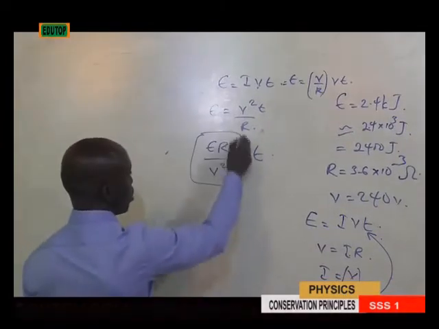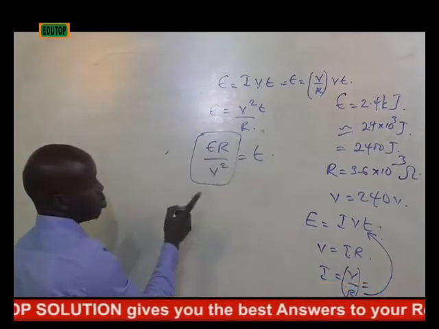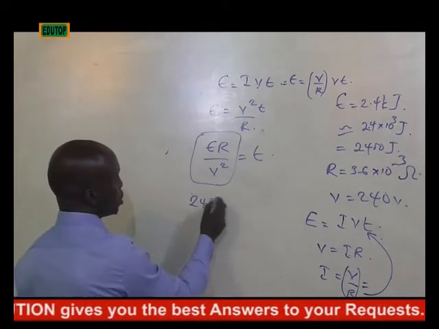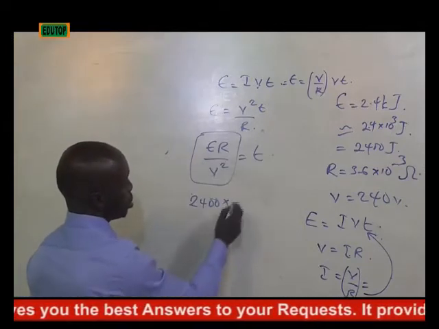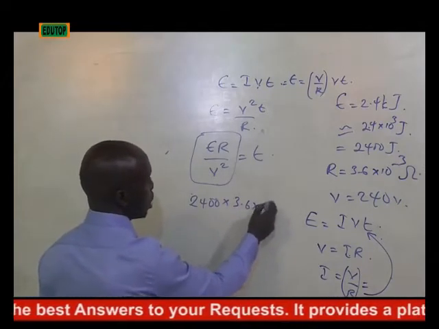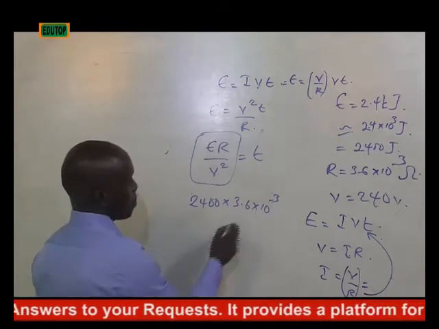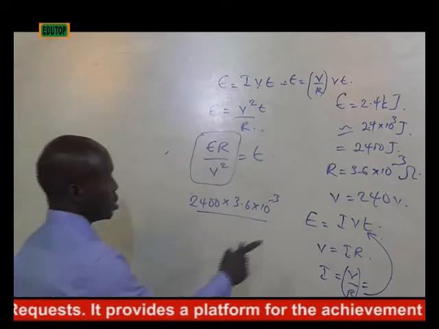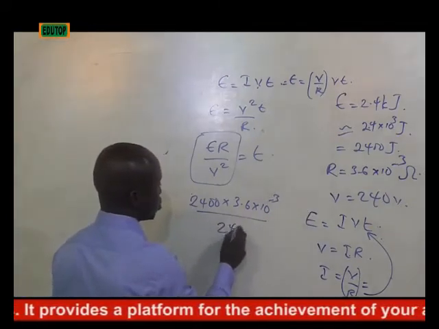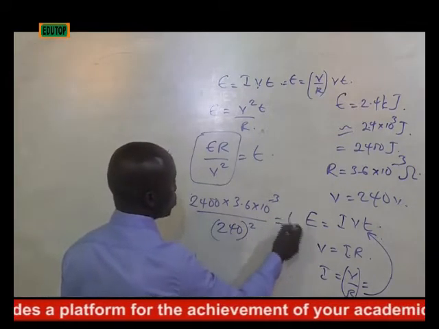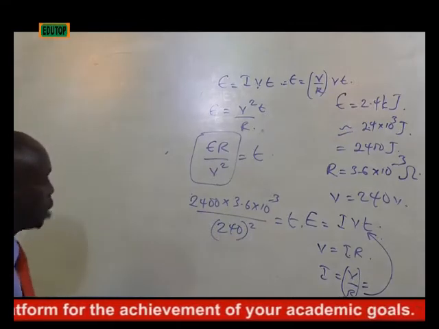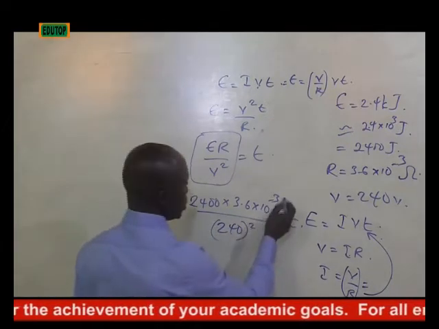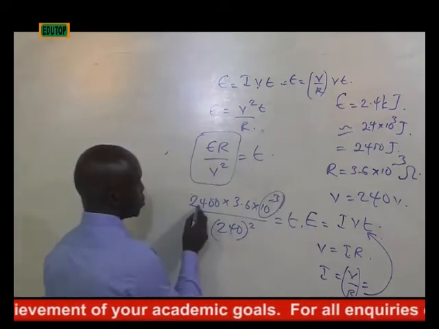So from here, I'll now input all the values in that. My E is 2400. My R is 3.6 exponential minus 3. My V is 240 all squared. So from there I'll get my time. How do you go about this? This value cancels this.